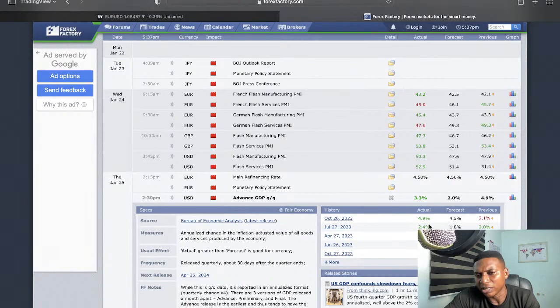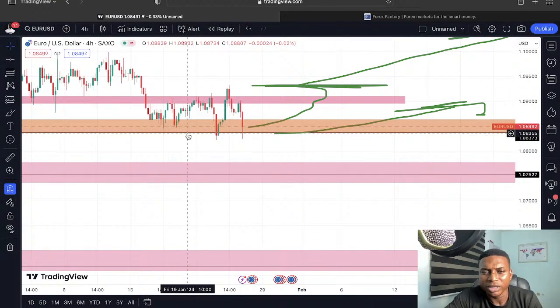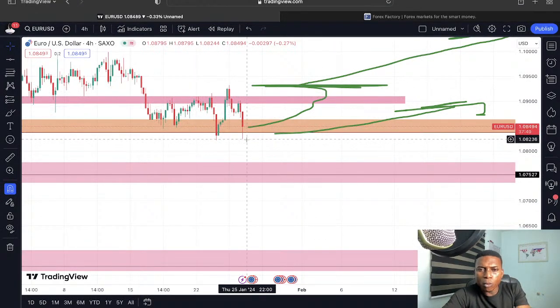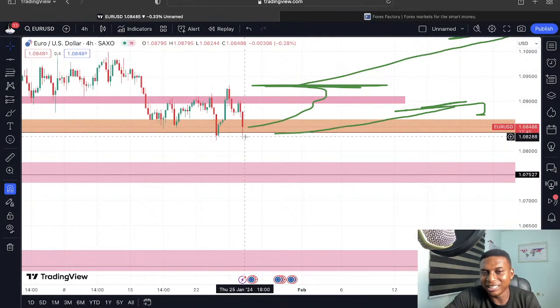We can see that the actual rate is higher than the forecasted rate, which is good for the currency. So we have both good and bad news for the USD. When both came out, we saw that the dollar went down, and currently at this level.